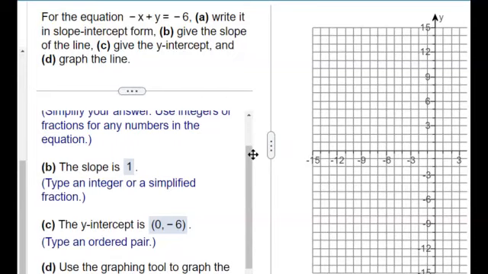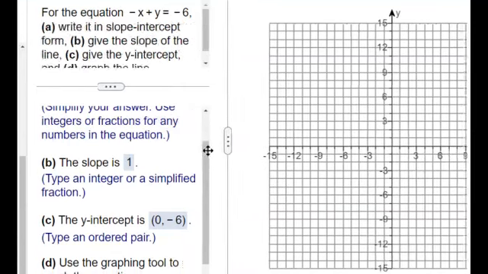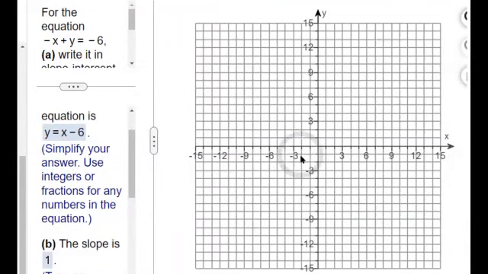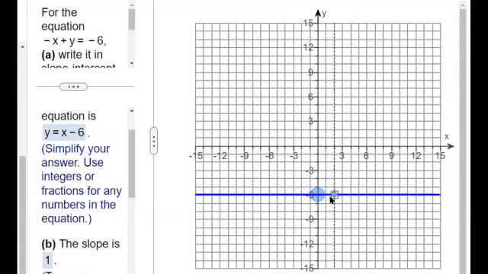Slope of 1 means it behaves like the diagonal. This is the diagonal, but it's scooted down by 6 units. That's all this is. So since I know it goes through 0, comma, minus 6, then that's one of the points.